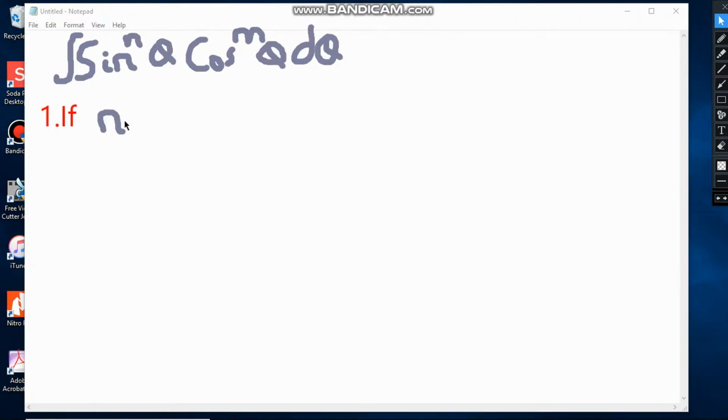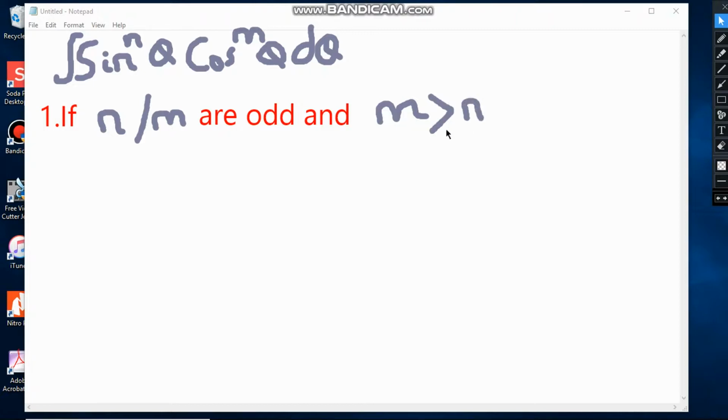If n or m are odd and m is greater than n, in this case we let cos theta is equal to g of x.